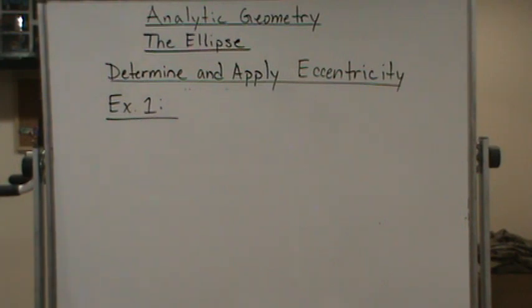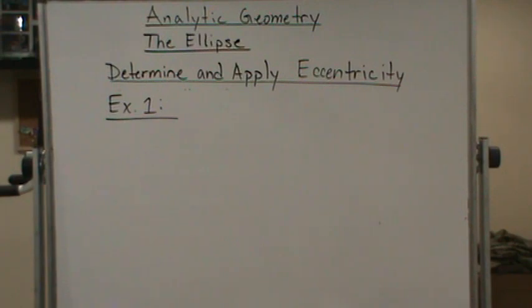All right, let's read. So let's see what we got here for this next example. So again, this is an application type problem, so I'm going to read it and then we'll describe it, okay? It says, the point in a planet's orbit where it is closest to the sun is called the perihelion, and the point where it is farthest away is called the aphelion.